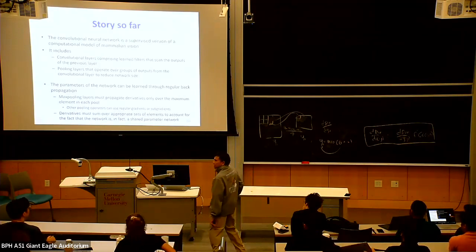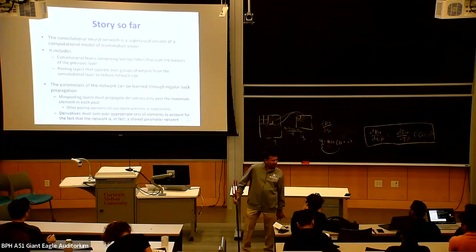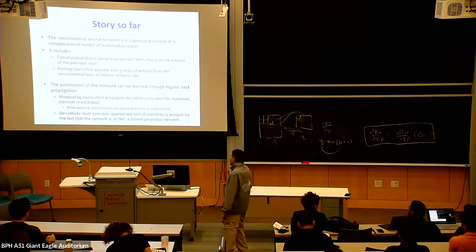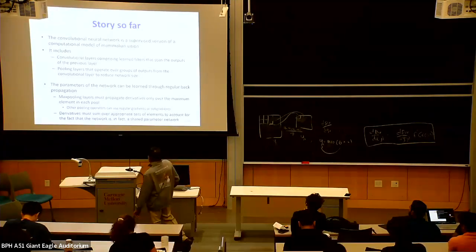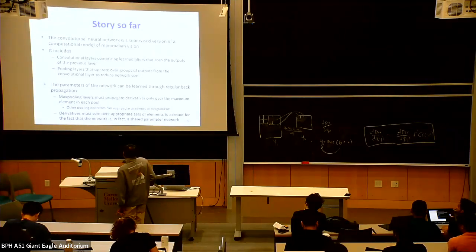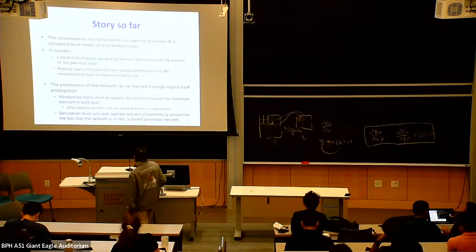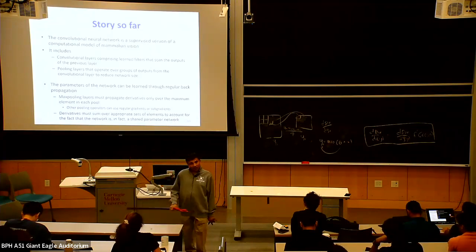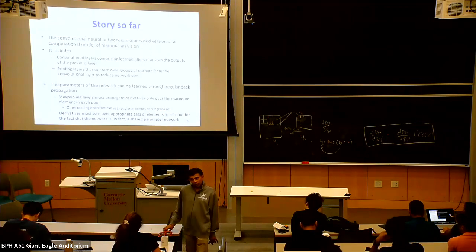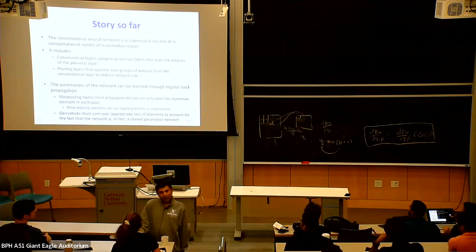I'm sorry, that should be output size. Take note, error. The parameters of the network can be learned through regular backpropagation. Max pooling layers must propagate derivatives only over the maximum element in each pool, and derivatives must sum.